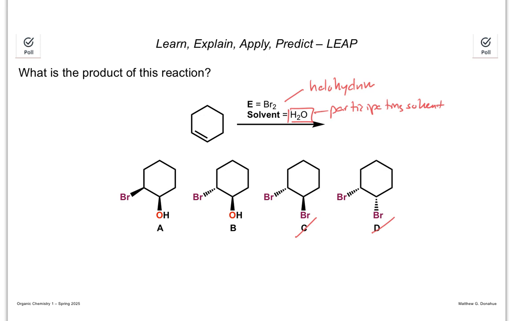And then between A and B, can we eliminate one? So really what you're basing this on is the stereochemistry. What was the stereochemistry for a halohydrin reaction?